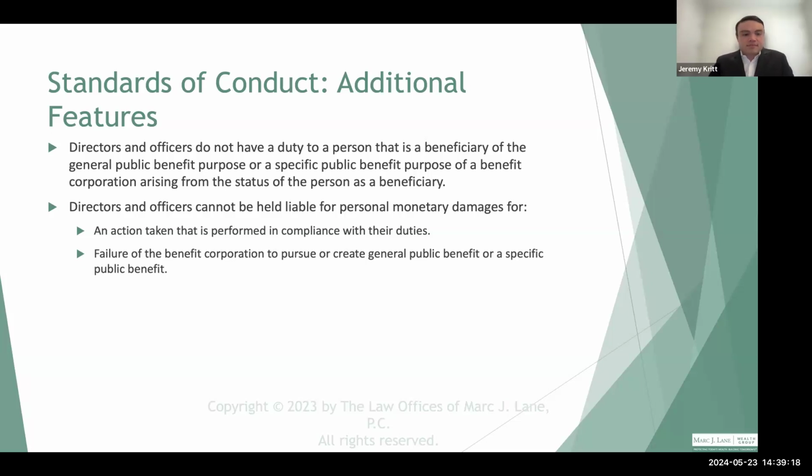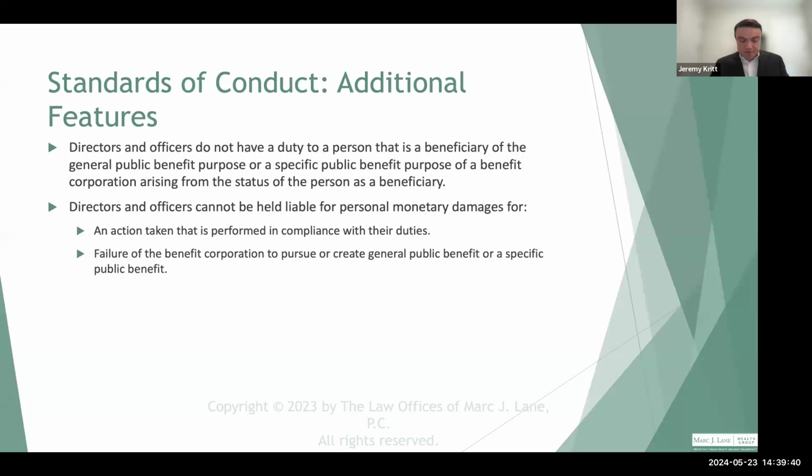And importantly, directors and officers cannot be held liable for personal monetary damages for an action that is performed in compliance with their duties or for the failure of the benefit corporation to pursue or create its general or specific public benefit purposes.